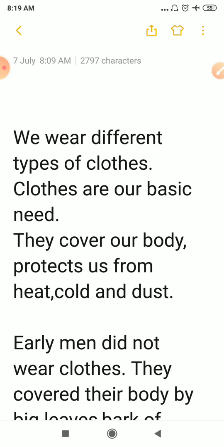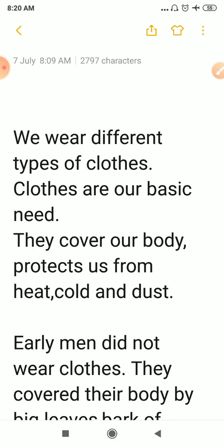Everybody will say that he has gone mad. We wear different types of clothes. And why do we wear clothes? We wear clothes to cover our body.